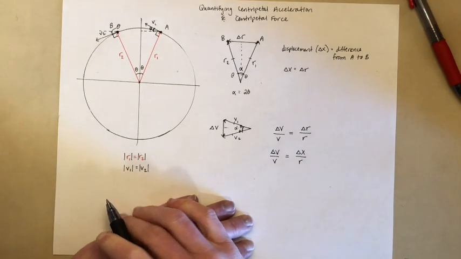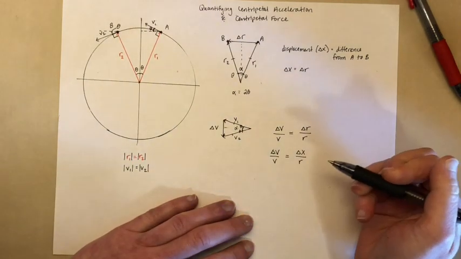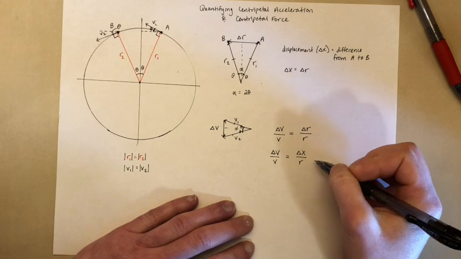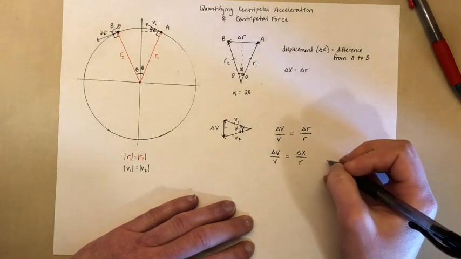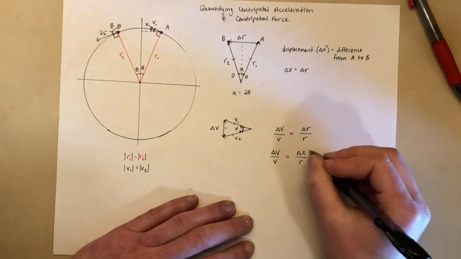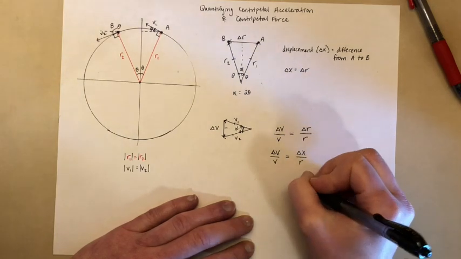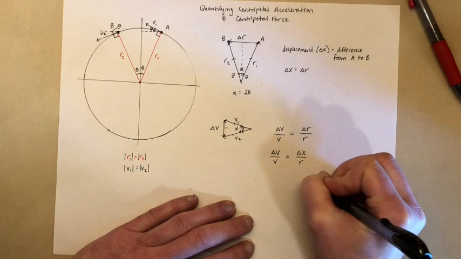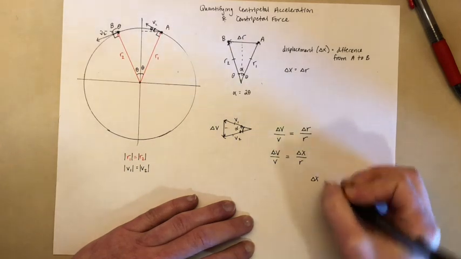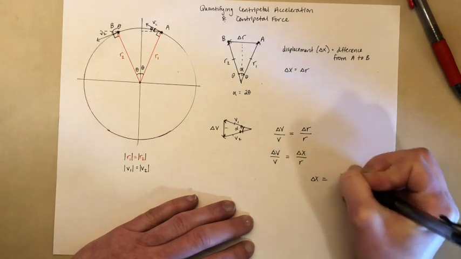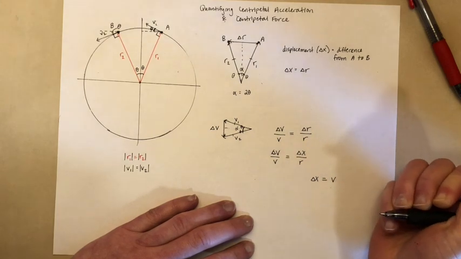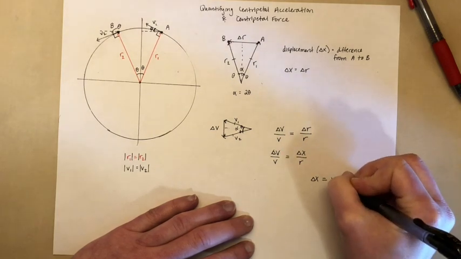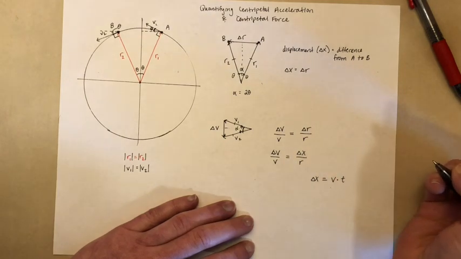Well, this object is moving at a constant speed. So in kinematics previously, we have learned that if you want to know the displacement of an object, delta X, the displacement is just calculated as the speed at which the object is moving, or the magnitude of the velocity, times the amount of time that it's moving for.